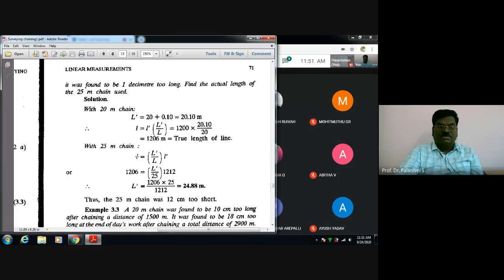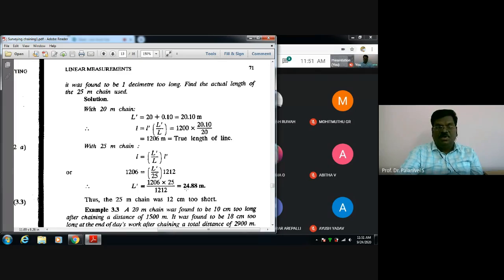That true length of the line, 1,206 meter, is equal to L dash, which we don't know. We have to determine it. 25 is the true length of the chain. The chain usually is a 25-meter chain, but its length is different. That is L dash into 1,212. What is 1,212? The actual length of the line measured using the 25-meter chain, which is 1,212.